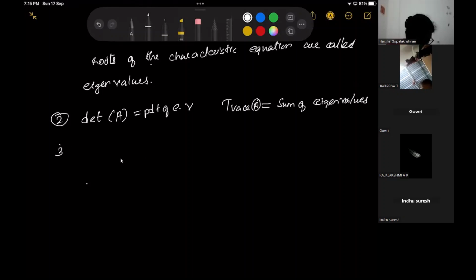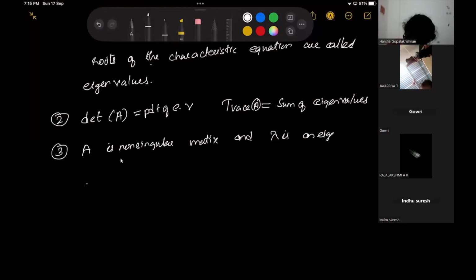And the third result is, if A is a non-singular matrix and lambda is an eigenvalue. First question is, can lambda be 0?